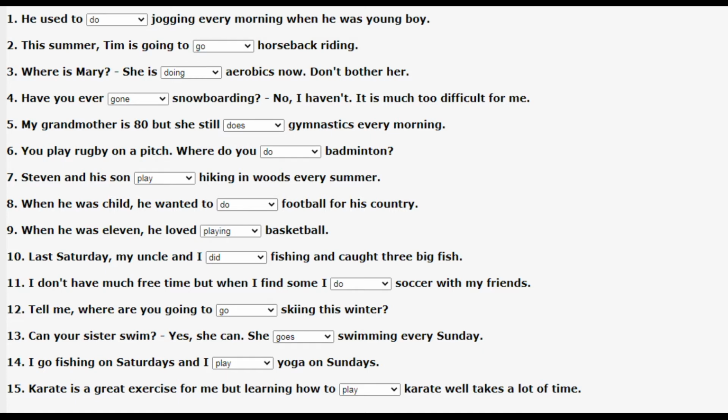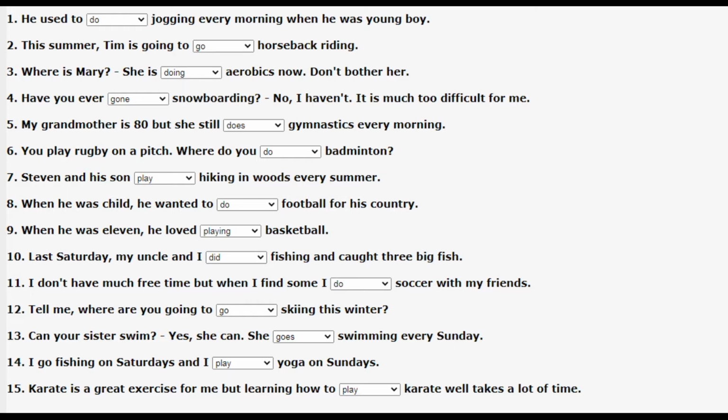Now we're going to do this exercise about the differences using the verbs do, go, and play. Pay attention to the correct form that you're going to use. Number one: he used to jogging every morning when he was a young boy.